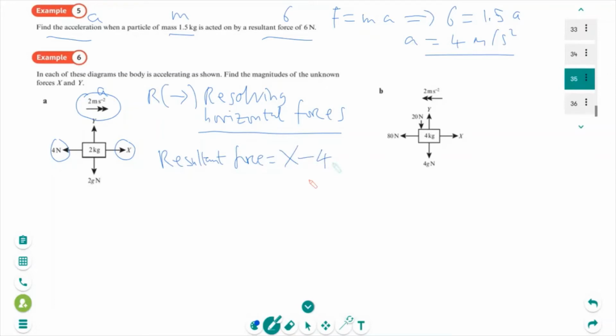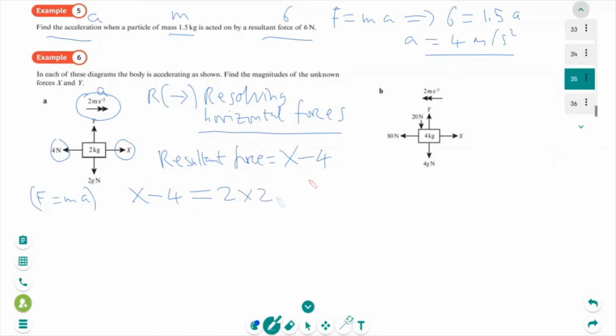Then you can use Newton's second law. So Newton's second law says that the resultant force, so this is using F equals ma, but in the horizontal direction. F equals ma, X minus 4 equals the horizontal acceleration, which is 2, and the mass is also 2.